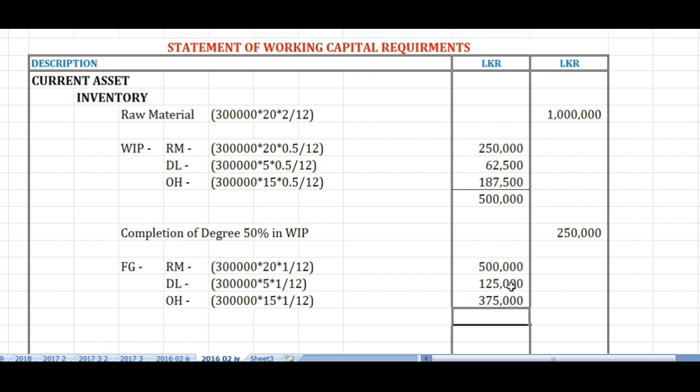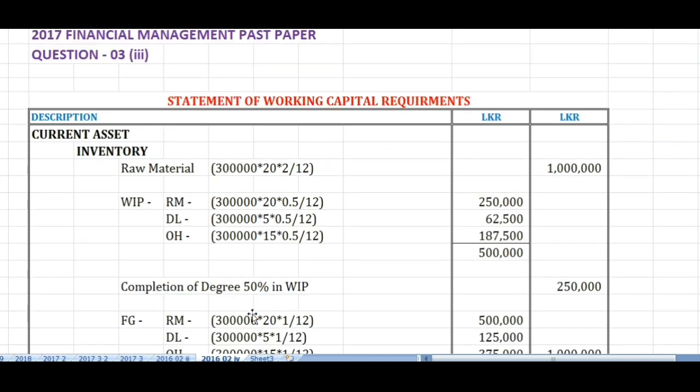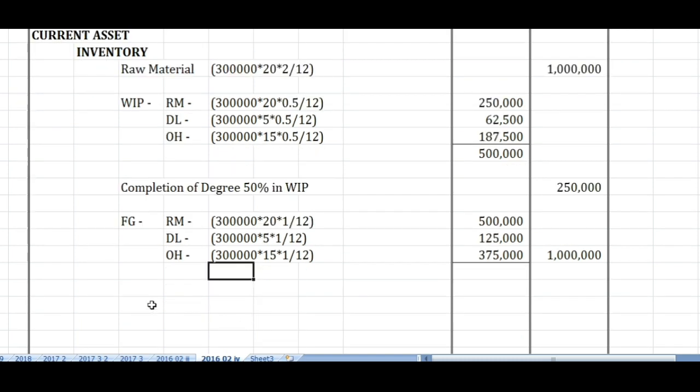So we can total finished goods value. Finished goods value is 1 million. Now we have calculated all the inventory value.